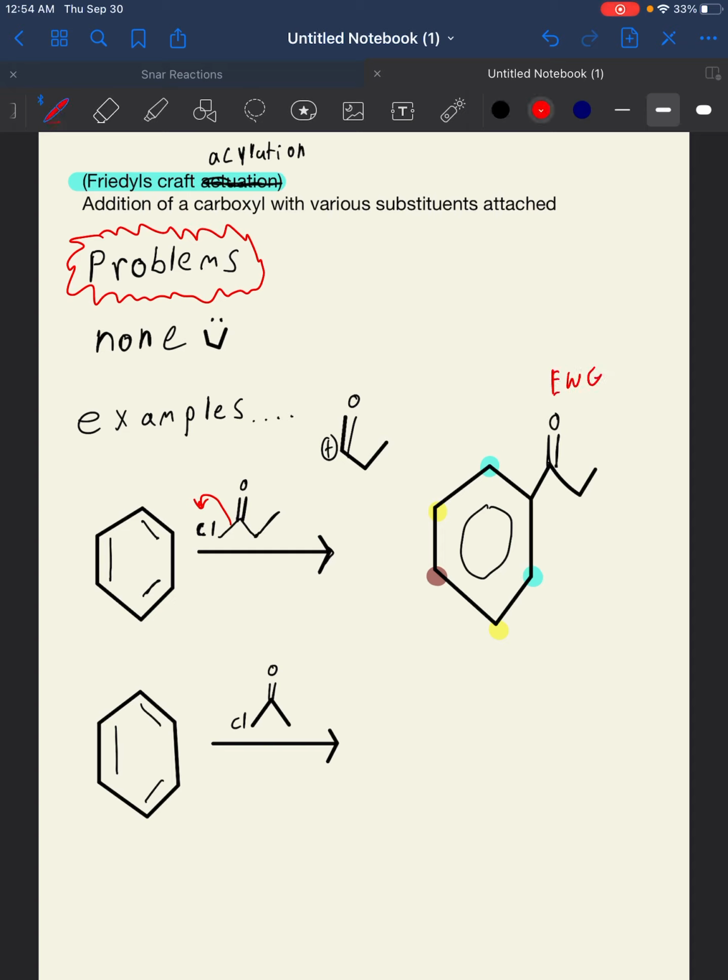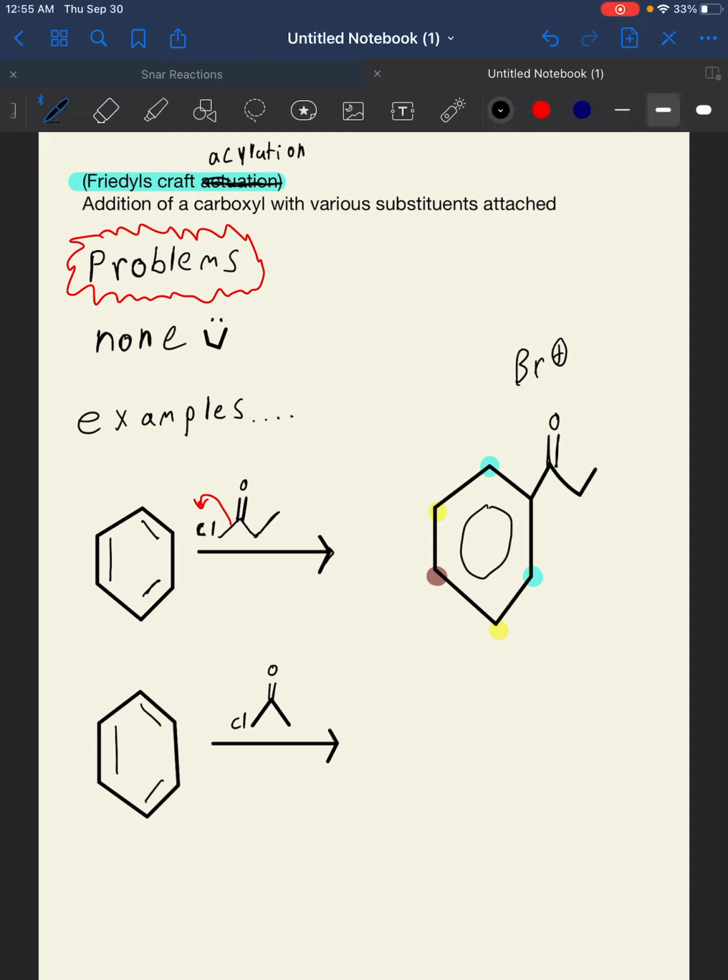So now say if we went on to synthesize something different, this now plays a role in where that would add. Say we added on a Br, it's going to actually add on here. I'm not going to show a reaction arrow, but say I wanted to add Br plus onto this reaction I just showed. Where would it add on at? It would add on at the meta position because it's an electron withdrawing group.